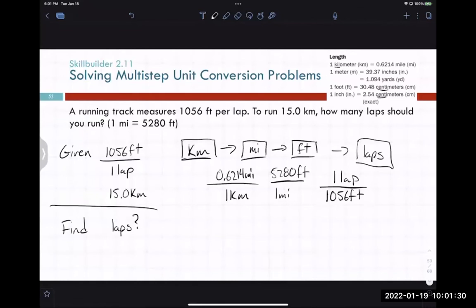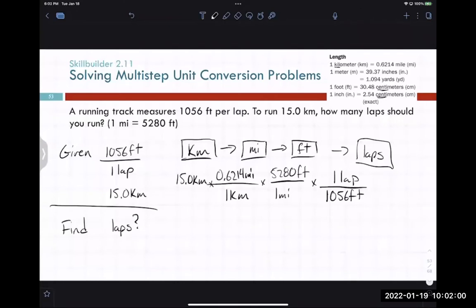And then we're starting with 15.0 kilometers. Calculator. So now we'll get 15.0 times 0.6214 times 5,280 divided by 1,056.